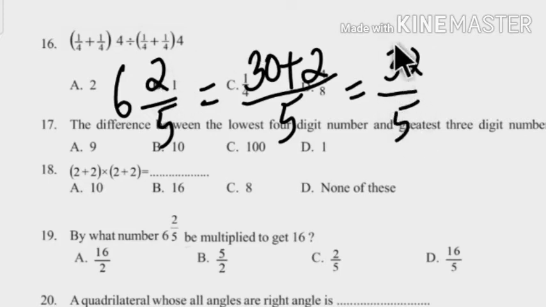So this is our number, 32 by 5. By what number should 32 by 5 be multiplied to get 16?